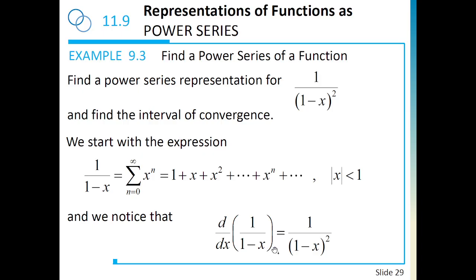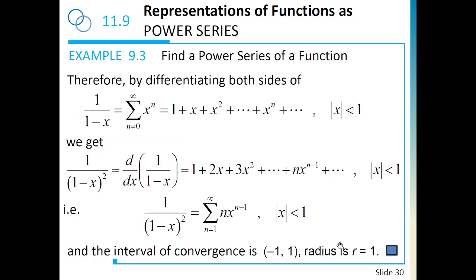So negative 1 times negative 1 is 1, so that's why we get this. So the derivative of this expression is this. But that's what we are looking for. Which means if I take the series for this expression and I differentiate it, I'll get exactly what I need.